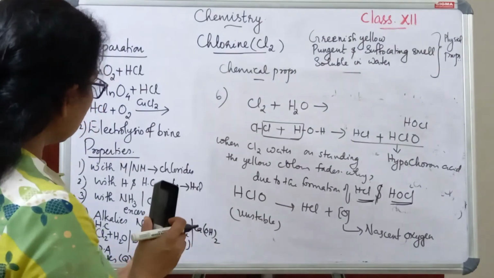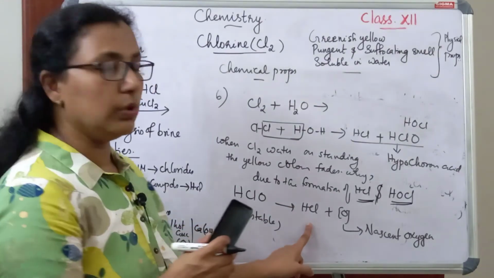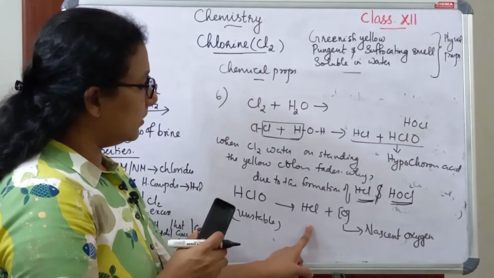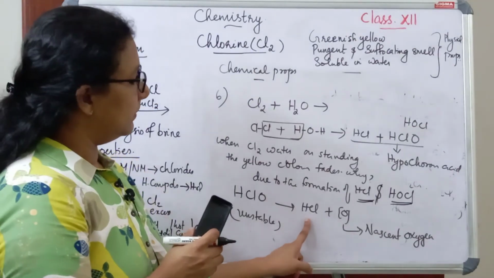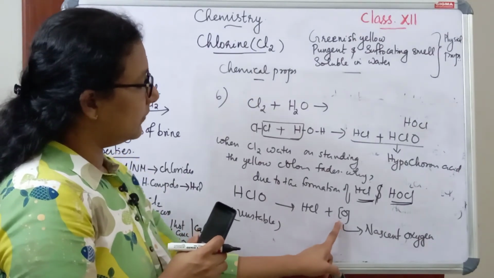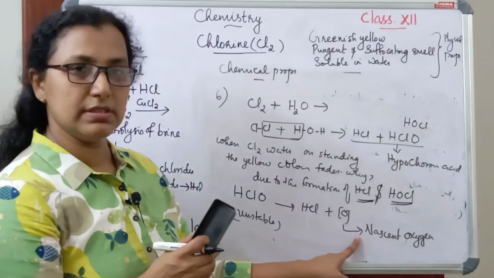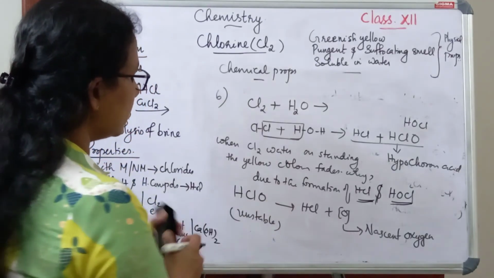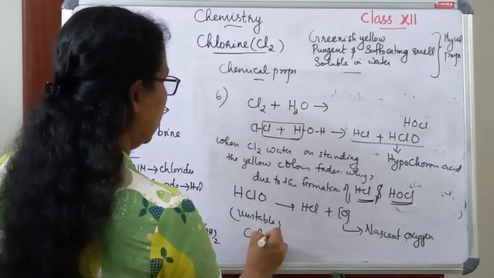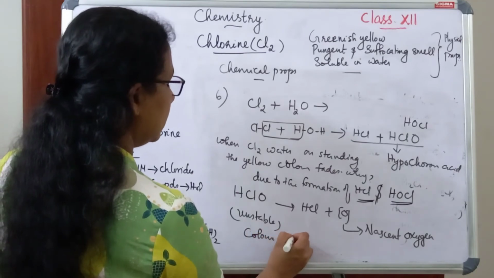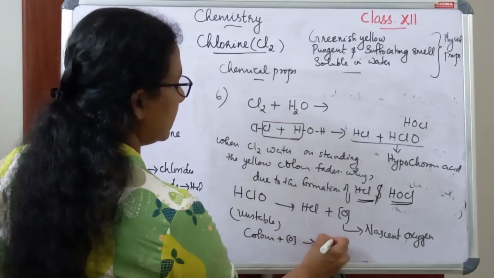Chlorine is a bleaching agent, so the bleaching action of chlorine is due to the formation of nascent oxygen. This nascent oxygen reacts with color and produces colorless.